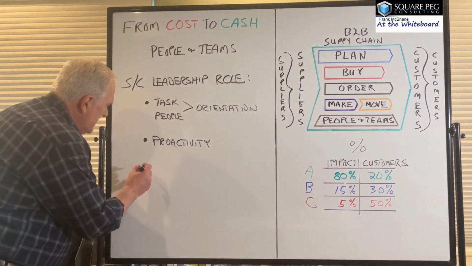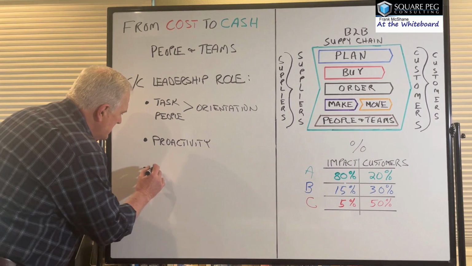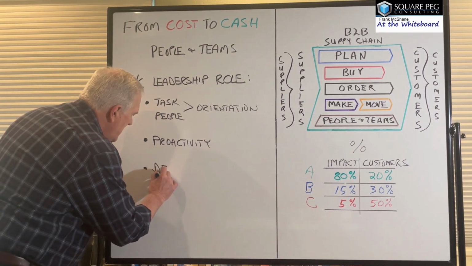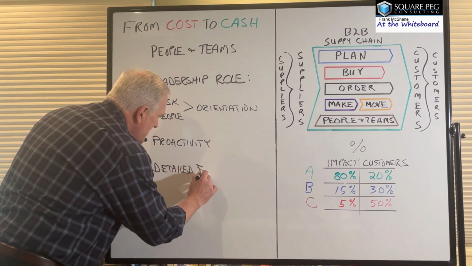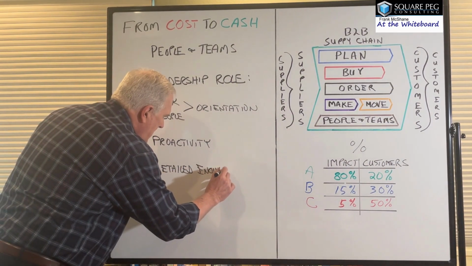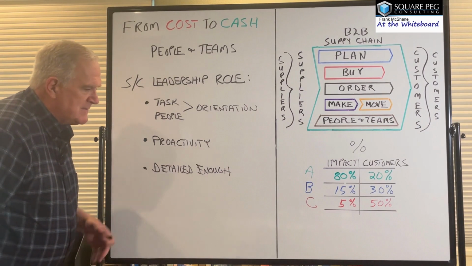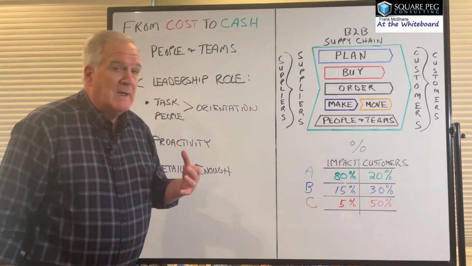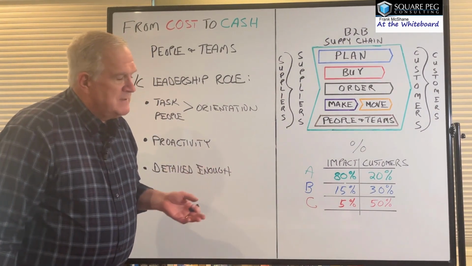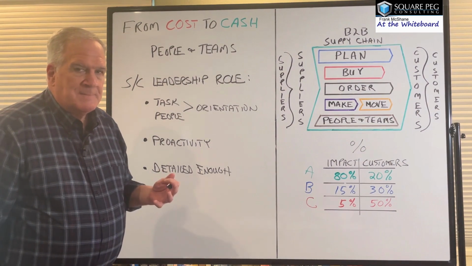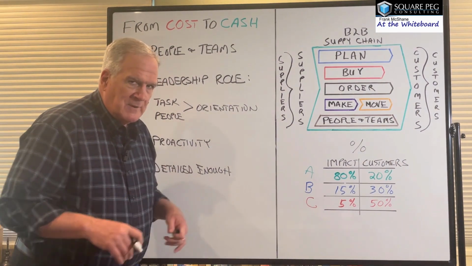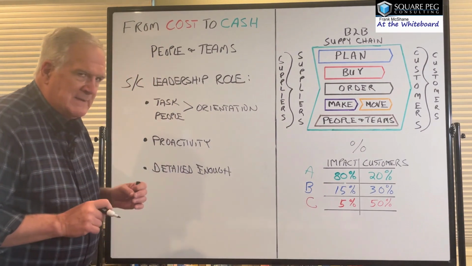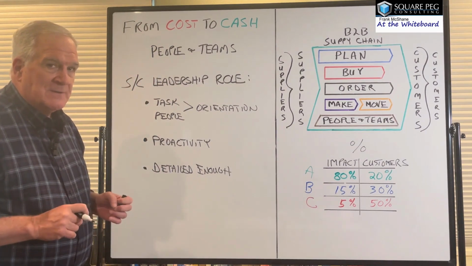And then lastly, I would say you want somebody who is detailed enough without being rigid. They have an appreciation for process, for steps, for accuracy, for numbers being correct, without being a micromanager hovering over their people and making sure all the I's are dotted and T's are crossed all the time.